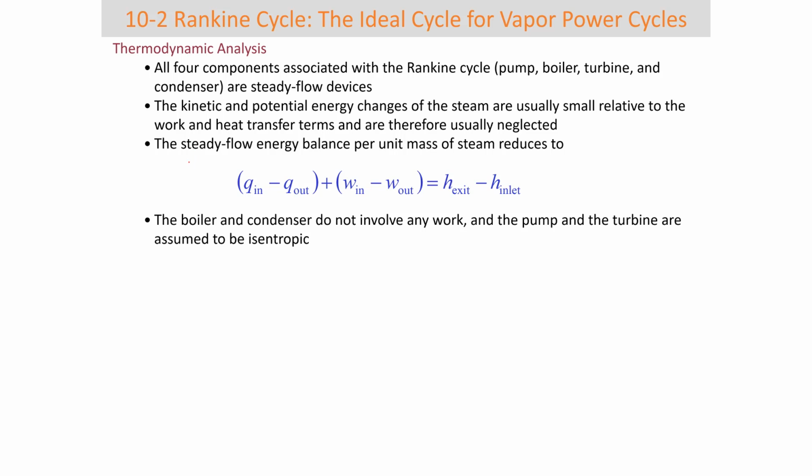So the steady flow energy balance per unit mass of the steam reduces to basically this: each energy transfer term, work out in the turbine, work into the pump, Q out of the condenser, and Q into the boiler, all has to do with the change in enthalpy. And the boiler and the condenser do not involve any work, and the pump and the turbine are assumed to be isentropic.